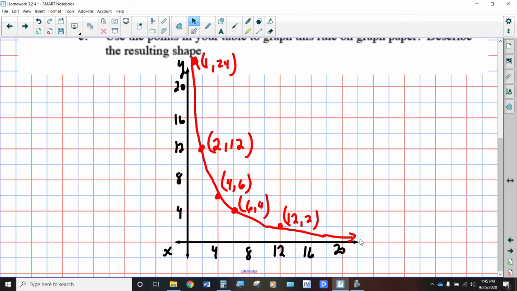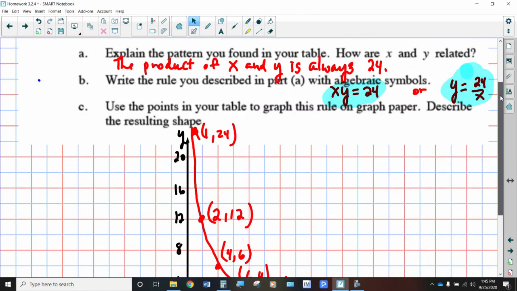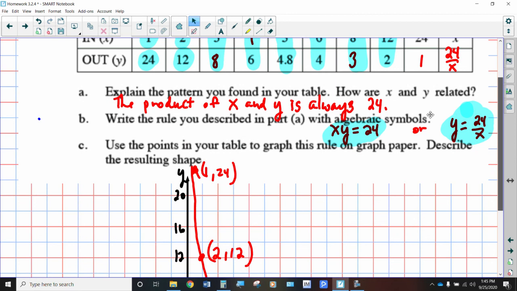Because that's an impossible situation for the nature of this problem. If x is equal to 0, there's no value for y that could ever make that equal to 24, because the answer would always be 0. And if y was equal to 0, there's no value for x that would ever make that equal to 24.